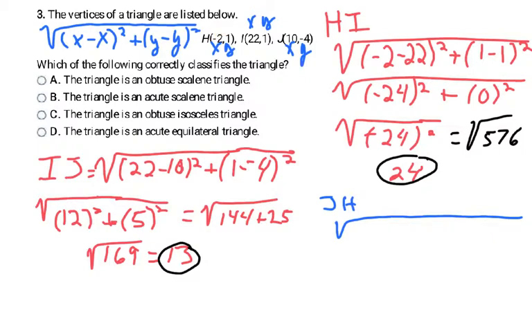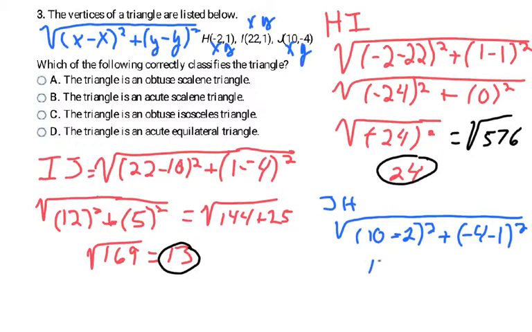You have 10 minus a negative 2. Just remember you have to be consistent. So since I'm starting with J in the first one, I have to start with J with my y's also. That quantity squared plus, and then my y coordinates here are negative 4 and 1. So I'm going to have negative 4 minus 1, that quantity squared.